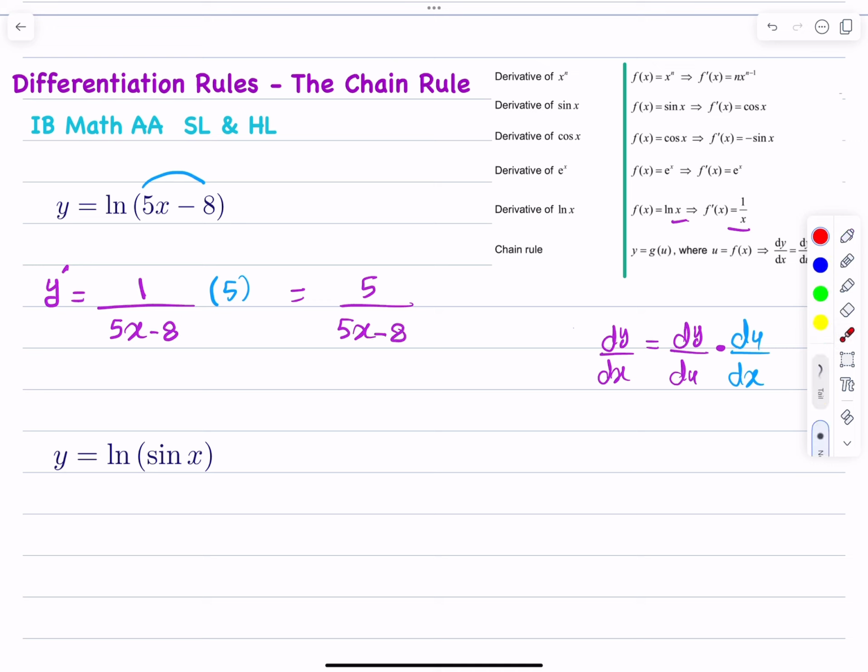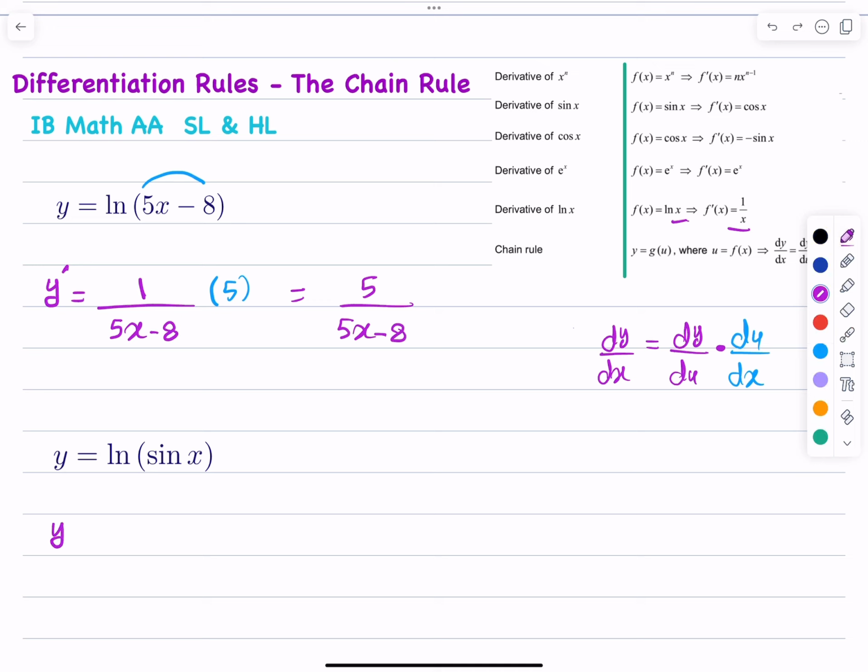So here is the quick way to differentiate natural logarithms. First, we differentiate the inner function, which is 5, and then we divide by the same inner function as it is down. This is how we can do it quickly. Another example here, we have ln of sine x.